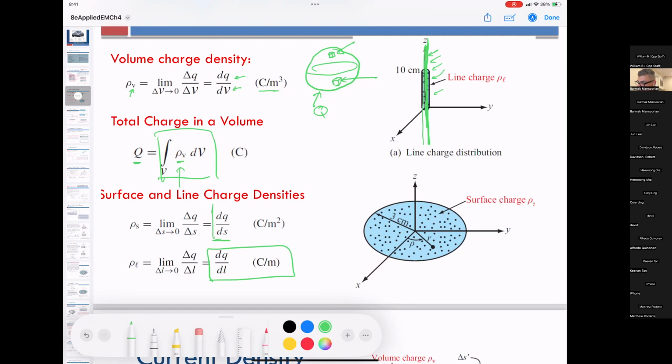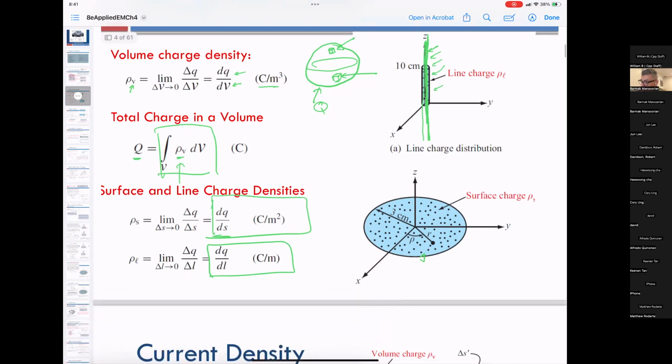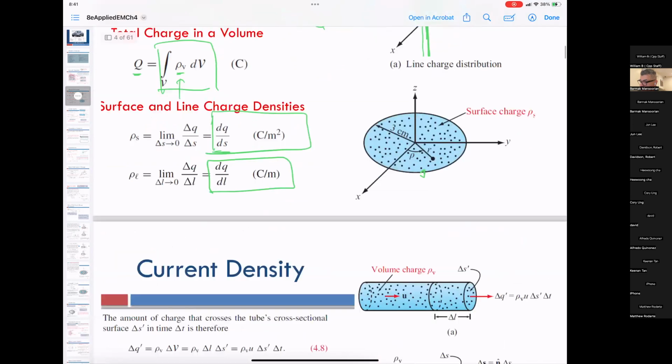And if you had a surface charge density, the surface would be completely thin, with zero thickness, and you could define the charge density as whatever charge is distributed on that surface. So that's the meaning of the charge densities.